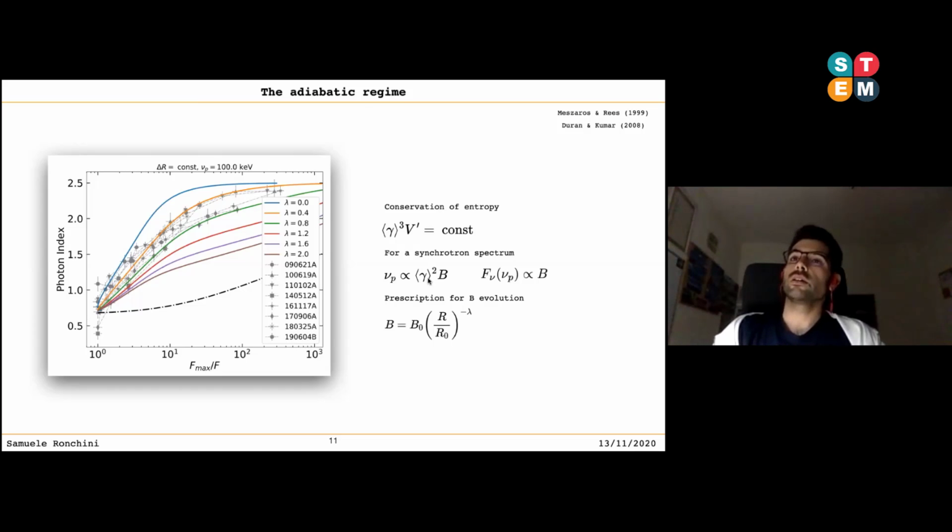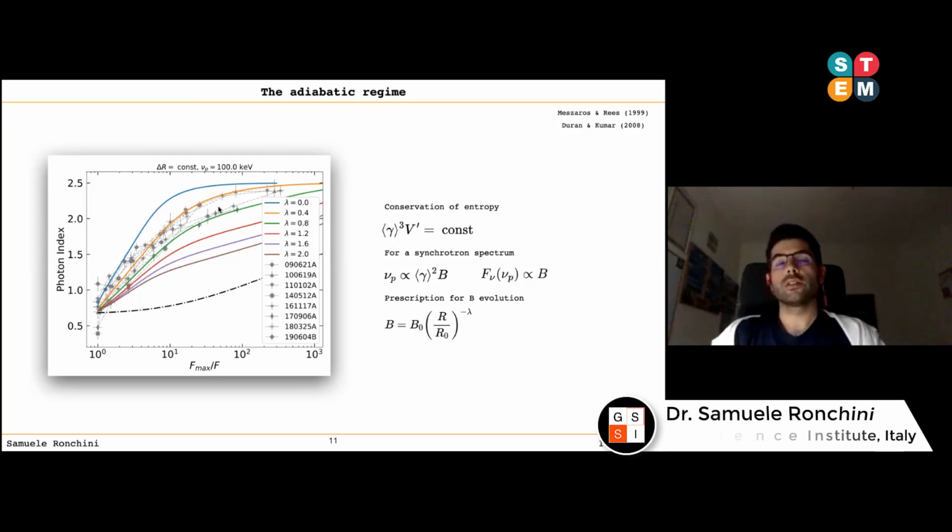At the same time, the peak flux of the spectrum is related to the strength of the magnetic field B, for which we use a prescription, which is this one, which depends on the parameter lambda. And you can see that the agreement with data is found for a specific range of values of lambda.